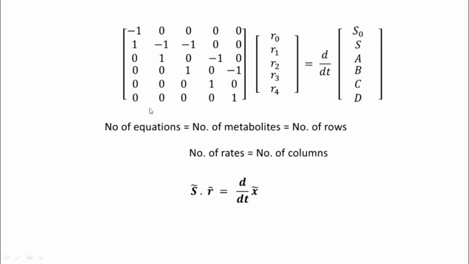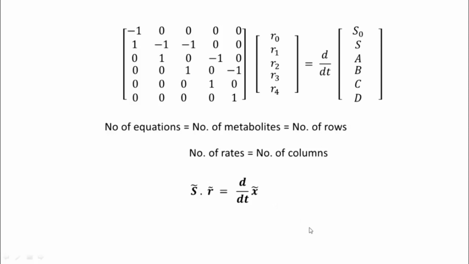So this is what is called a stoichiometric matrix, S with a hat above, multiplied with the rate vector or the rate matrix R, is d/dt of the state variable matrix x hat, as it is called. Okay. So this is a compact representation of the entire set of equations, and this kind of representation becomes much easier even if you have hundreds or thousands of equations.